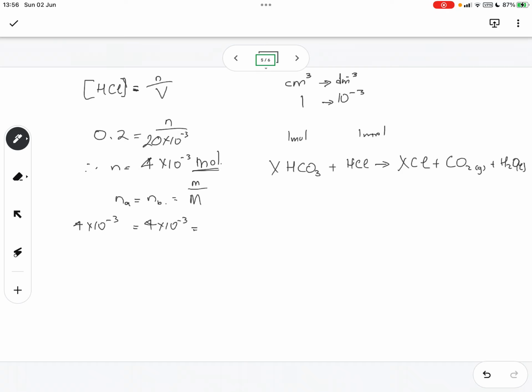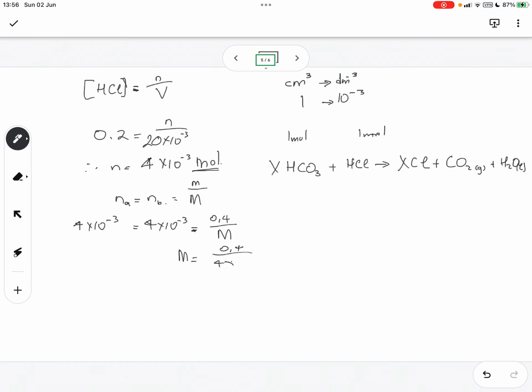But we know that the number of moles also equals the mass over the molar mass. So what is the mass of the salt that was used before? It was 0.4 grams. And then we don't know the molar mass.